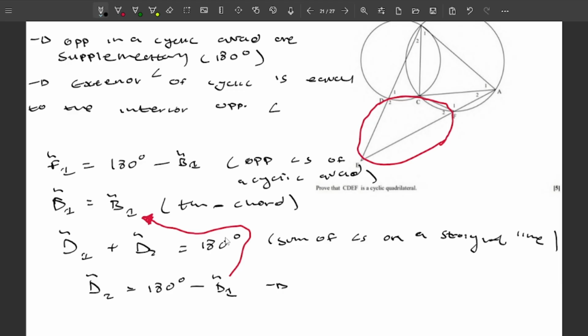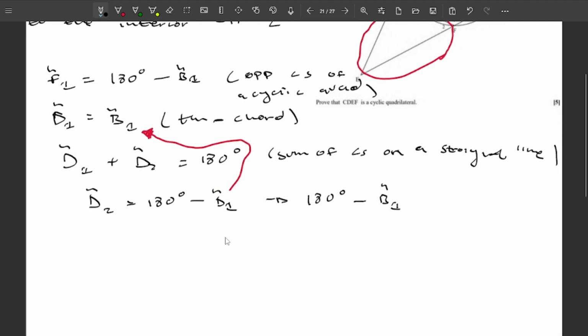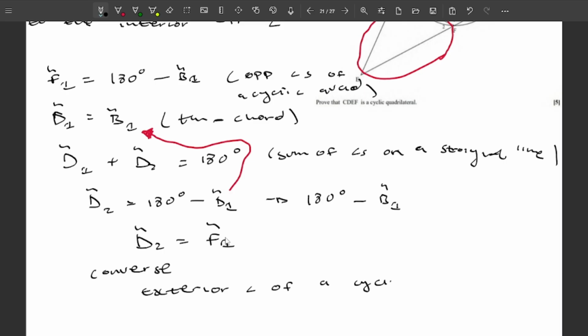So angle D2 is 180 degrees minus angle B1, of which angle F1 is equal to 180 degrees minus angle B1. So we can therefore say angle D2 is equal to angle F1. Why? Converse exterior angle of a cyclic quad are equal.